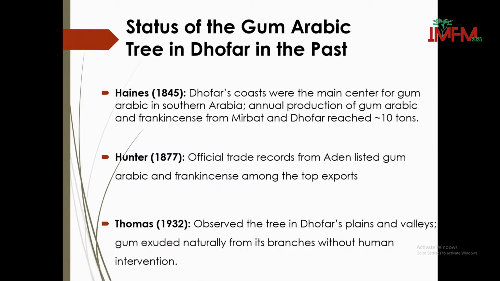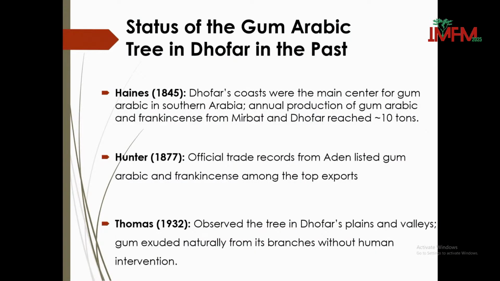In past studies, we found some memories in the logs of a British officer who spoke about the Arabian gum trees. For example, Haines, who was an officer, said that the Dhofar coast was the main coast for gum Arabic production and also frankincense.